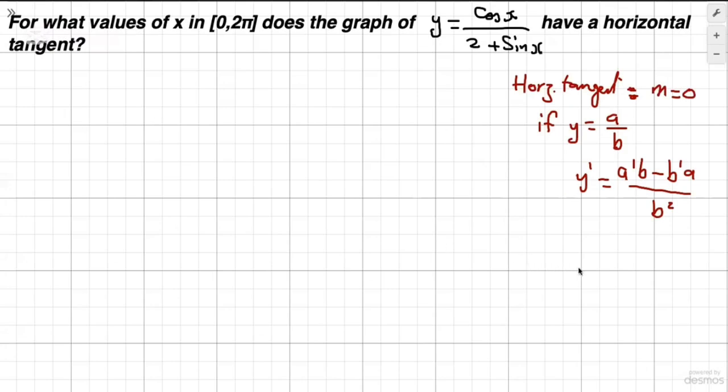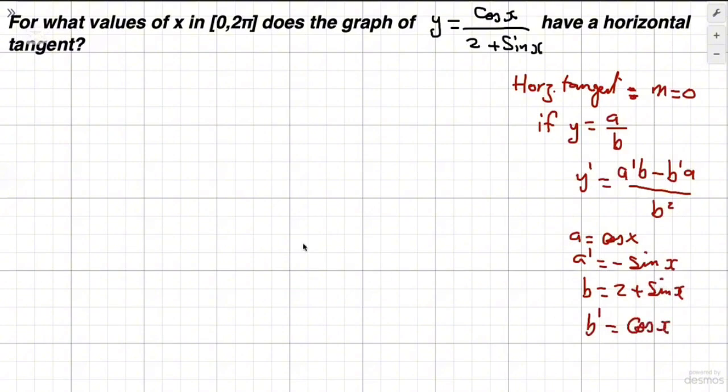Let's say a equals cos x, and a prime would equal negative sine x. The derivative of cos is negative sine. And b equals 2 plus sine x, and b prime would be just cos x, because the derivative of 2 is just 0.